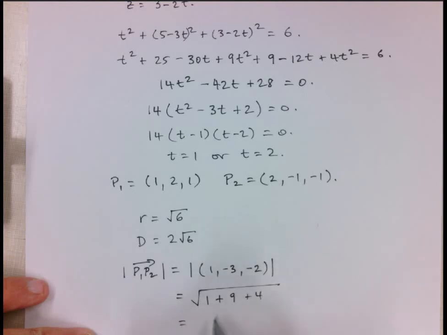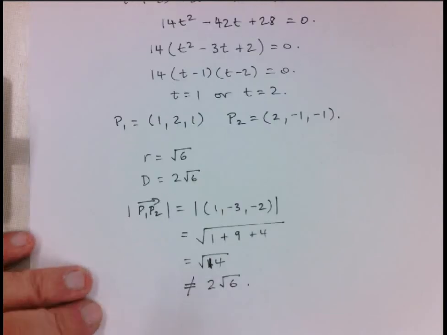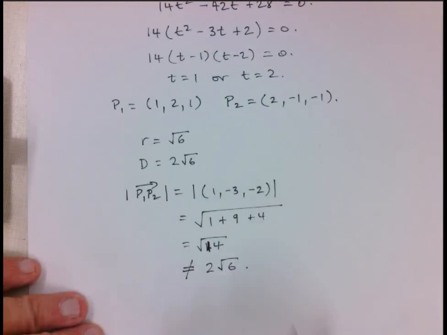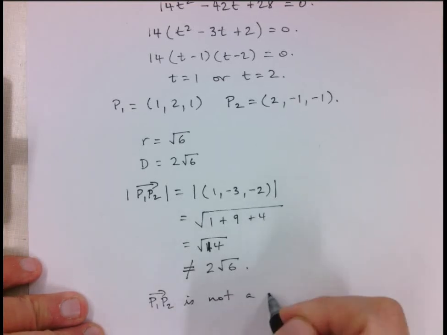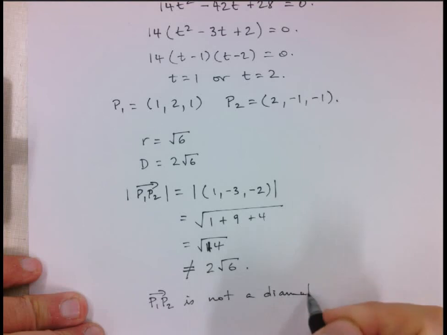That will be equal to the square root of 14, which is not equal to 2 root 6. So P1P2 is not a diameter. And that's it for this question.